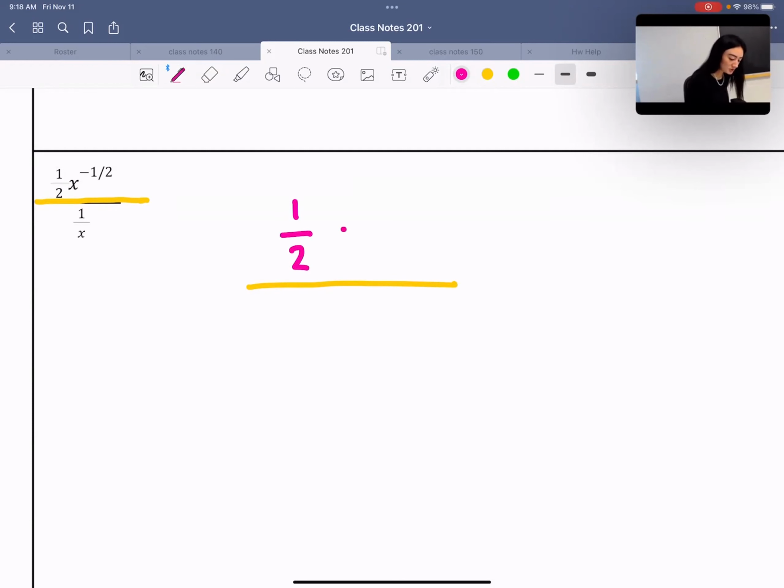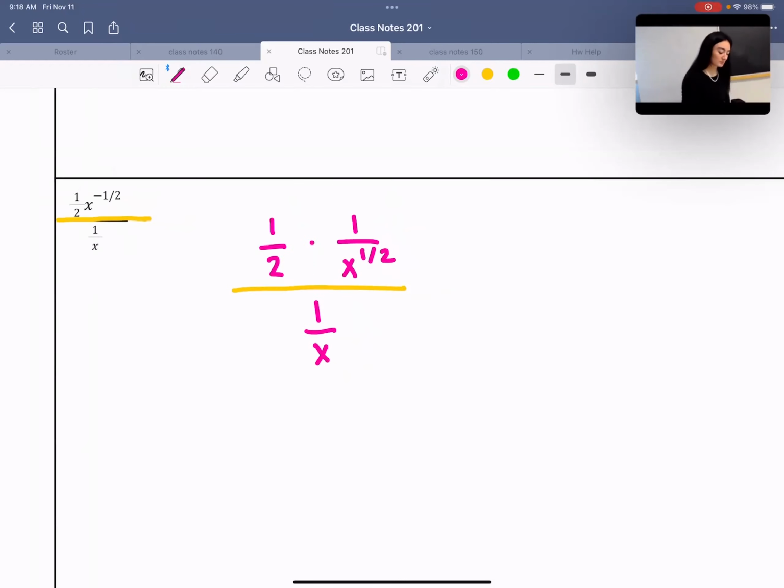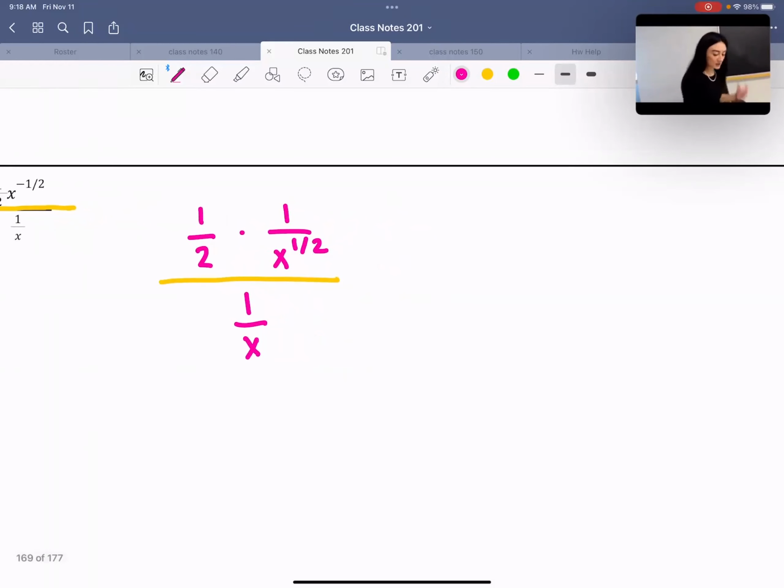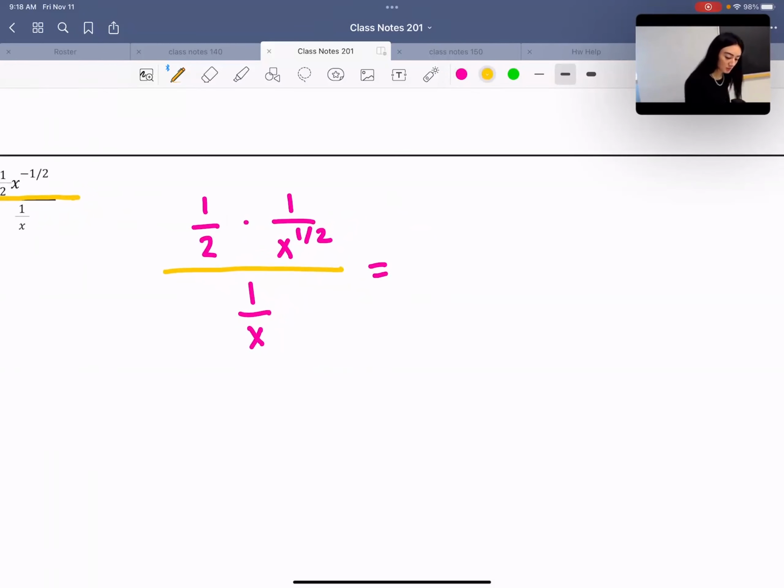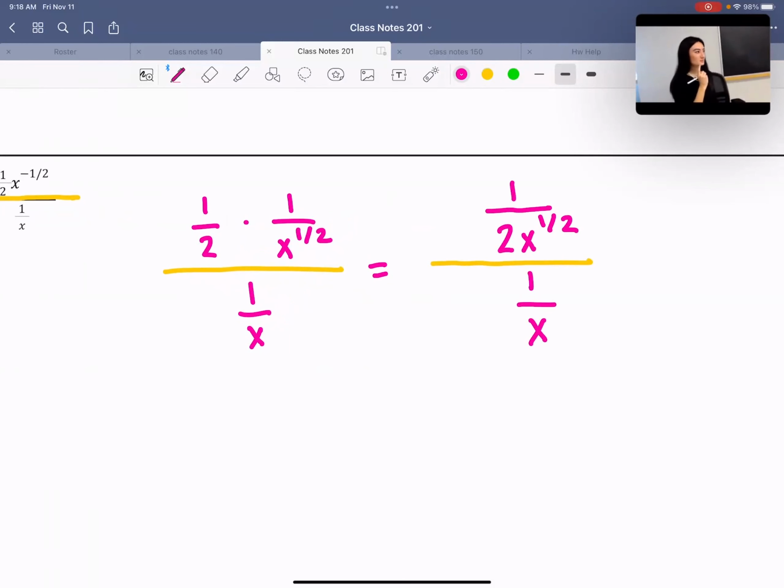Good. So x to the negative 1/2 is 1 over x to the 1/2, right? So just changing the negative sign into a positive sign, but you flip it over. Okay. Let's just keep the bottom the same. Okay. And like John said, let's just multiply through. So this becomes 1 over 2x to the 1/2 over 1 over x.